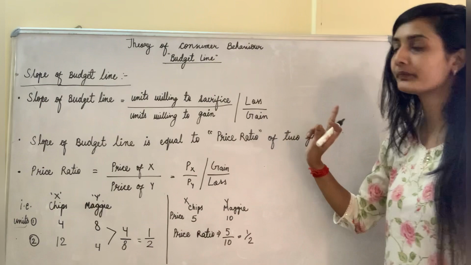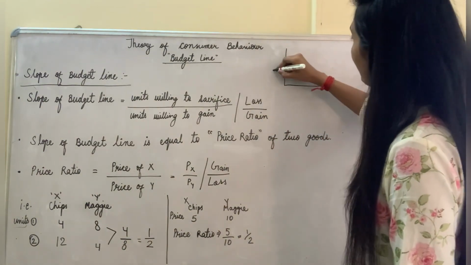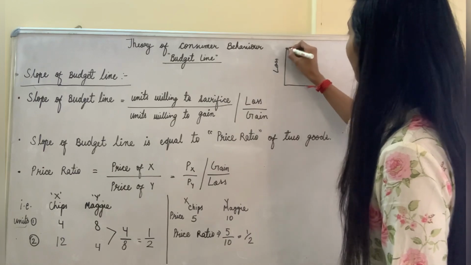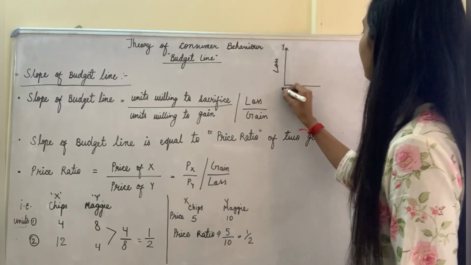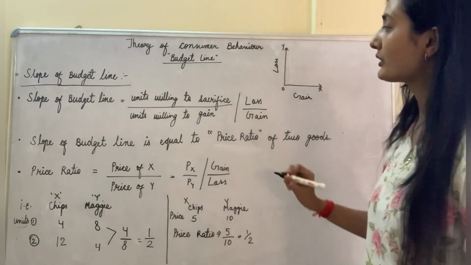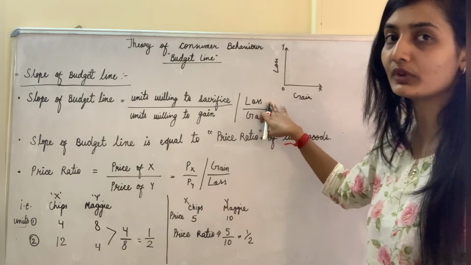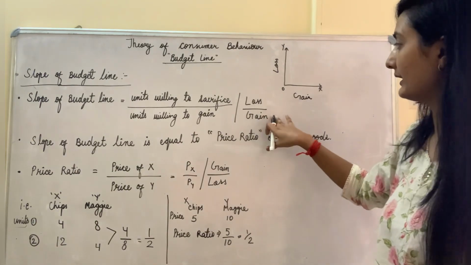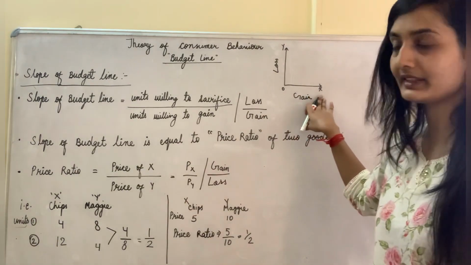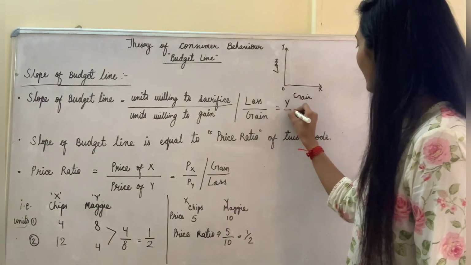On the diagram, we represent loss on the y-axis and gain on the x-axis. So loss units will be shown on the y-axis and gain units will be shown on the x-axis. So we can represent it like y upon x.